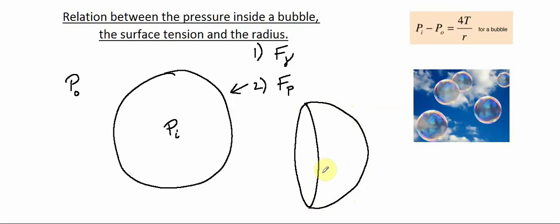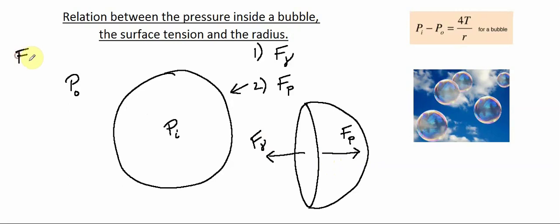Then the force due to surface tension is acting toward the left, and the force due to the pressure is acting towards the right. And at equilibrium these two forces are equal.